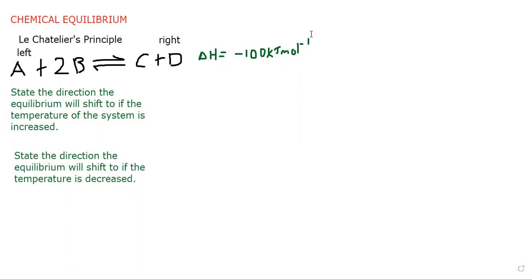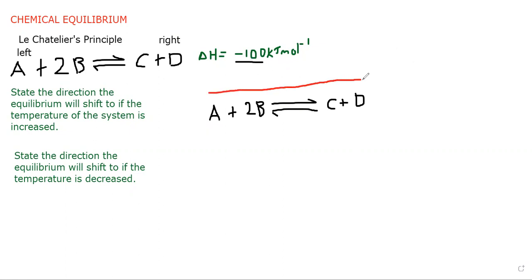So what do you need to know so far? Whatever the sign is that you get at the end of the equation, it is for the forward reaction. You were given a negative sign, so that's exothermic. That means this reaction going forward is an exothermic reaction.